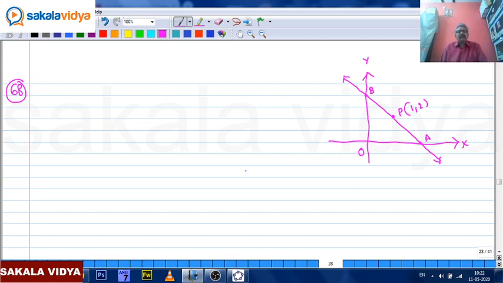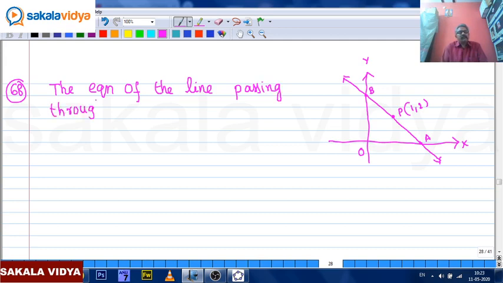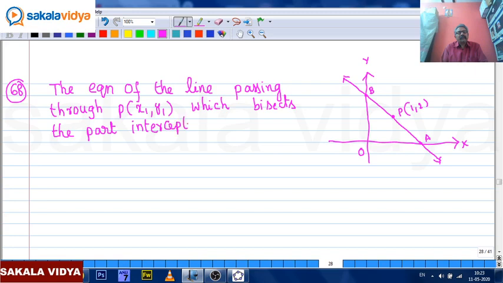Then we know one shortcut. What is the shortcut now? The equation of the line passing through P(x1, y1), which bisects, or which is the middle point, which bisects the part intercepted between the axes.